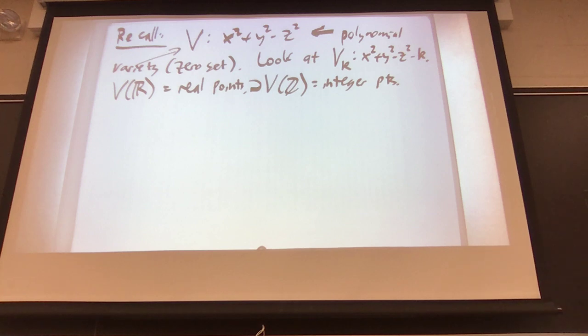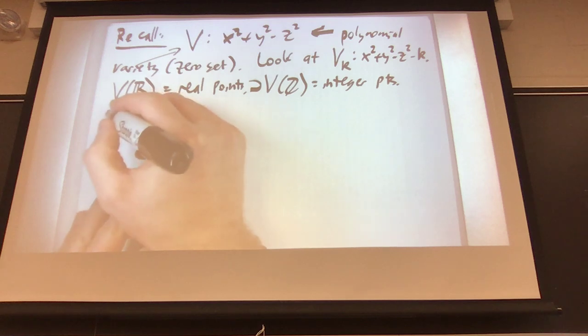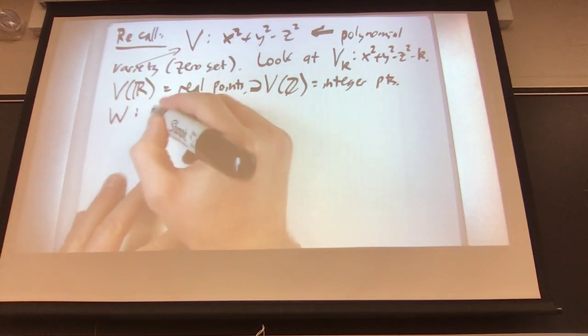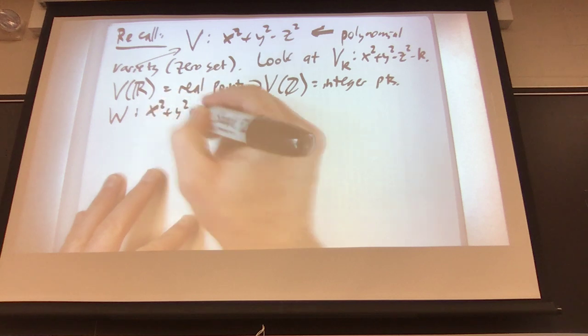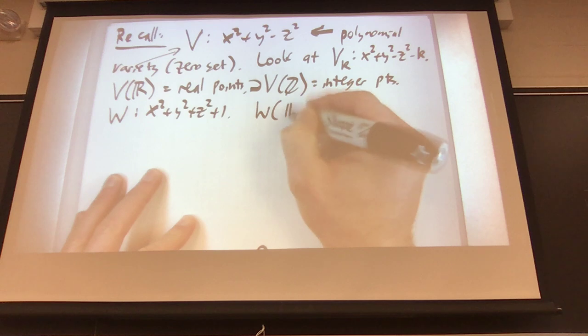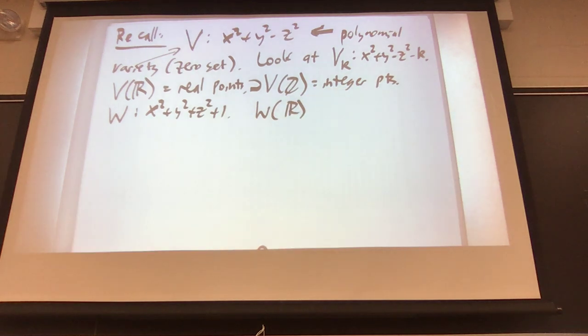So for example, if I have a variety, let's call it W. W is the variety x squared plus y squared plus z squared plus 1. What are the real points of that? Try to make it equal to 0.